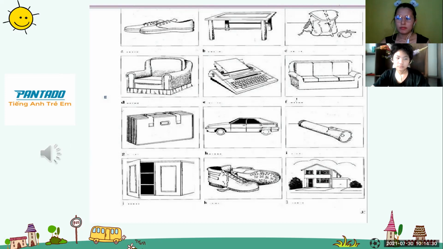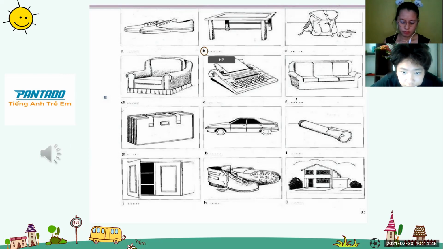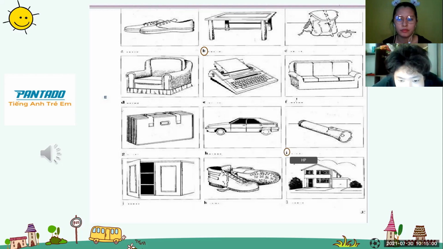Activity 3. You will hear people talking about 7 of the things in the pictures below. Number them from 1 to 7. 1, Yes, it's very comfortable and wide enough for 3 people to sit on. 2, There's plenty of room inside for your clothes. It's big enough to take everything you need when you're going on holiday. 3, These are very comfortable to wear, and they're wonderful when you're playing tennis. 4, It's quite light and easy to carry.